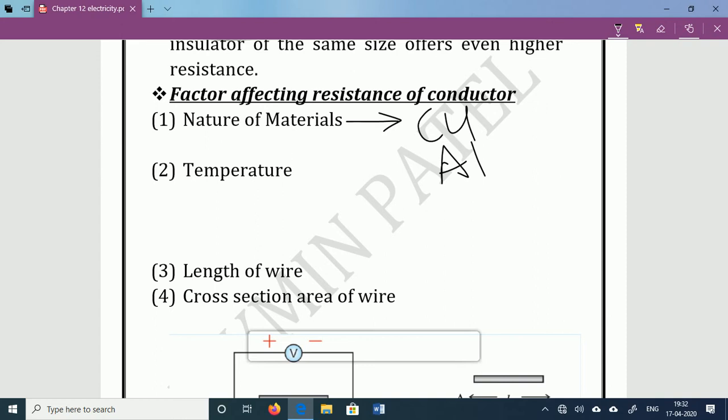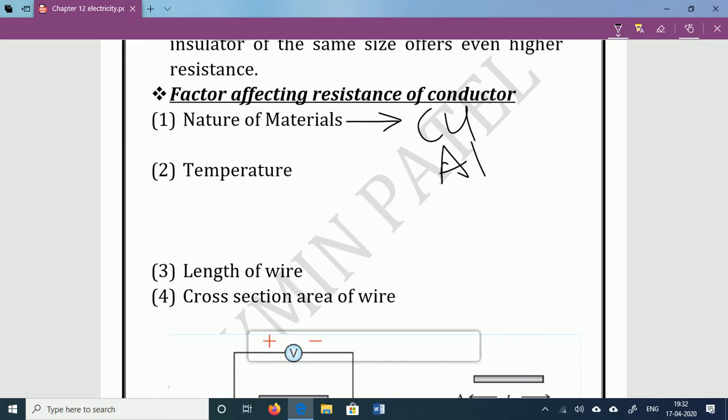In copper wire, the electron can easily flow, while in aluminum wire, electrons flow with slightly more retardation. So the resistance of the conductor is definitely changed by changing the material. When the material changes, the resistance changes. If the resistance is minimum, then it is a good conductor. If resistance is more, it is a poor conductor.